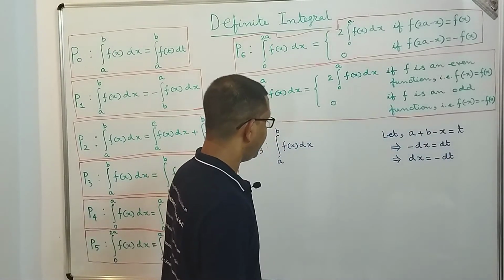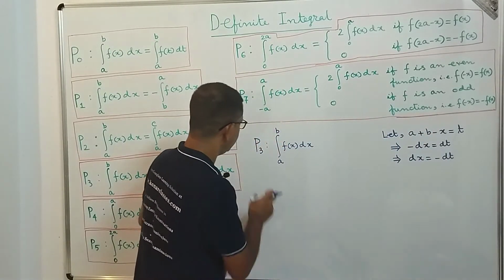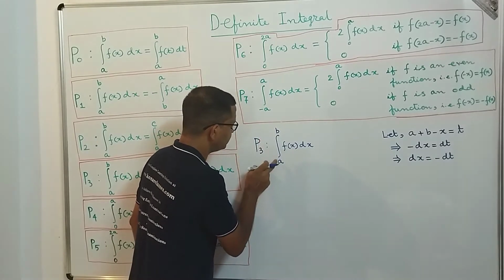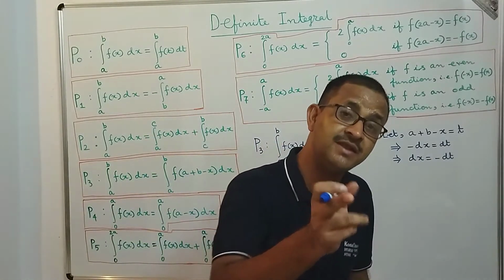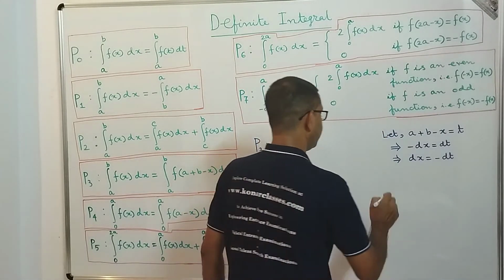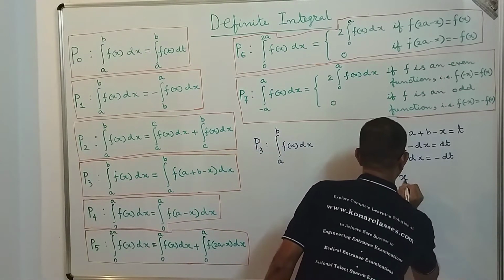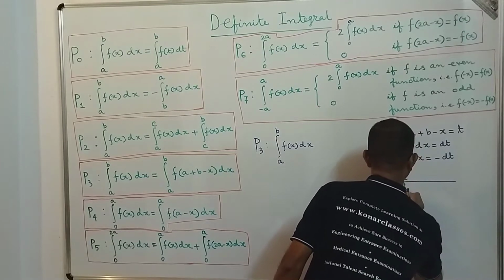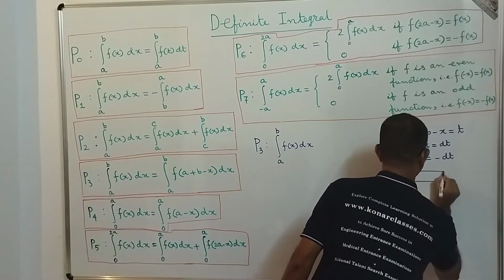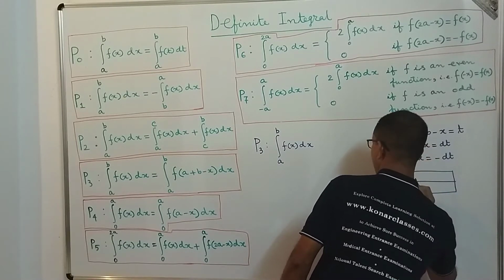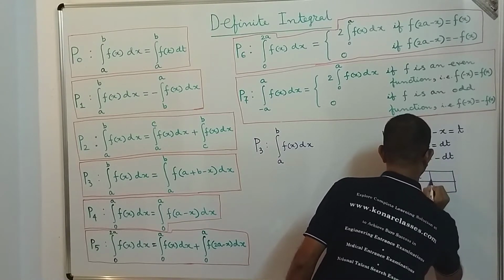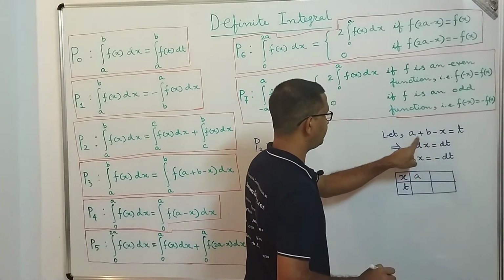Okay. Now another thing is that the limit should also change. So this a and b, the lower limit and upper limit, are for the variable x. Then what will be for the variable t? So for that we can have this table and write it down. When x is equal to a, then what is the value of t?